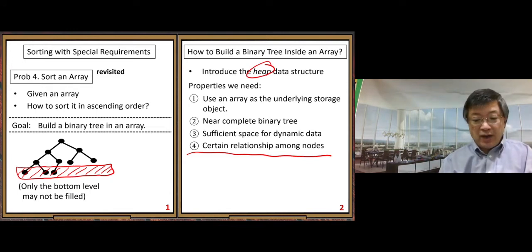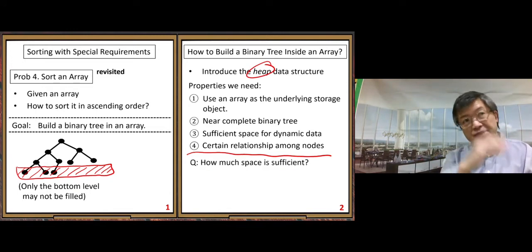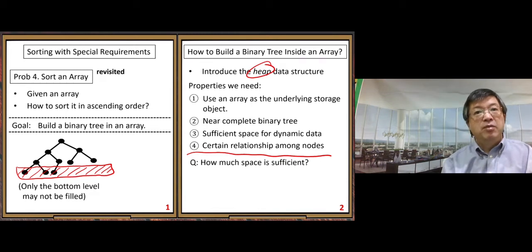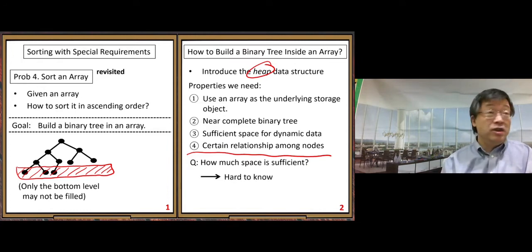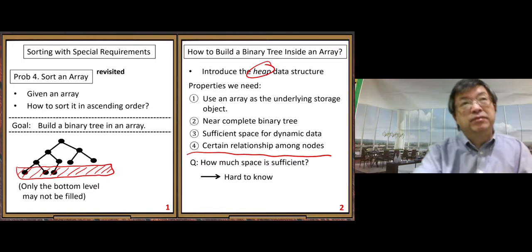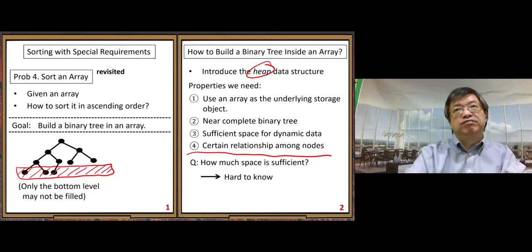All right. So next, first I want to explain this question. How much space is sufficient for dynamic data? In general, the answer is very hard to know because nobody can predict the amount of space to store dynamic data. So for that reason, we need to find a solution.